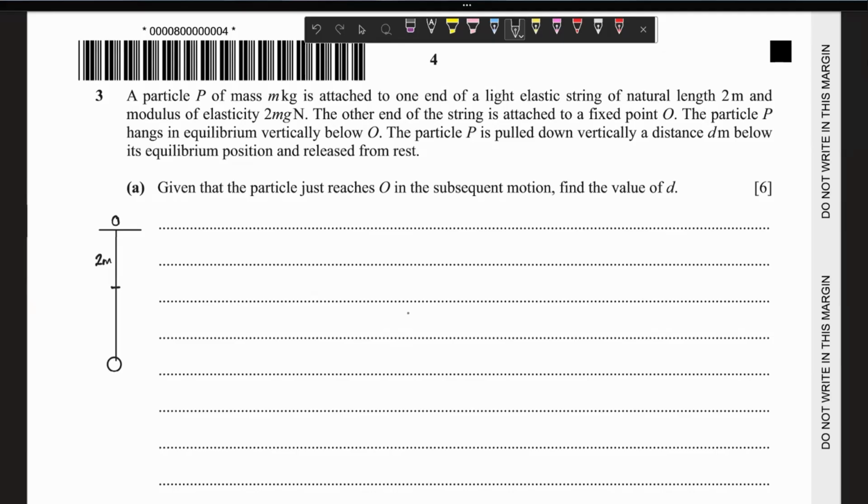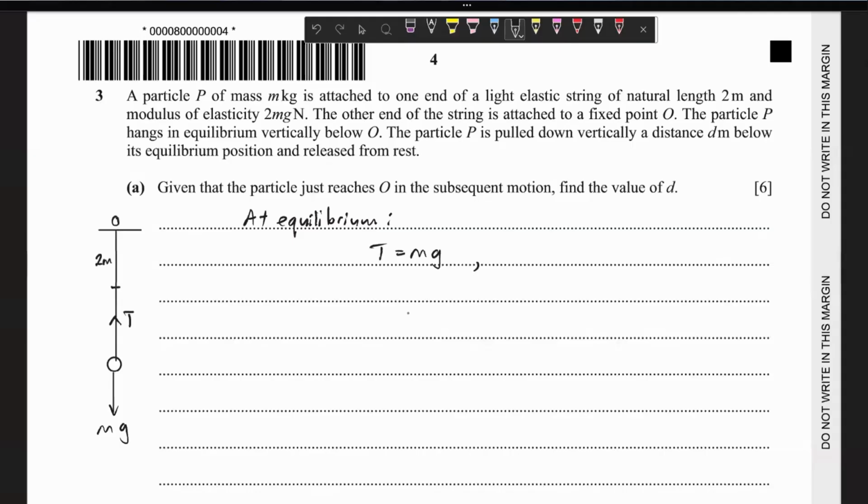So when we are at equilibrium position, we have the tension and we have the weight of the particle, which is mg. So I'll say here at the equilibrium position, because the question says that the particle hangs in equilibrium vertically below O, right? So very important. So at equilibrium, we're saying that T will be equal to mg.